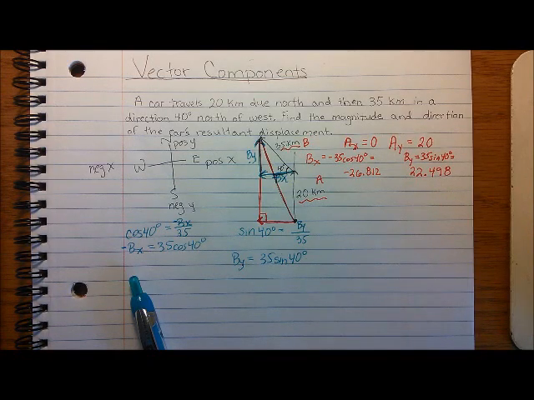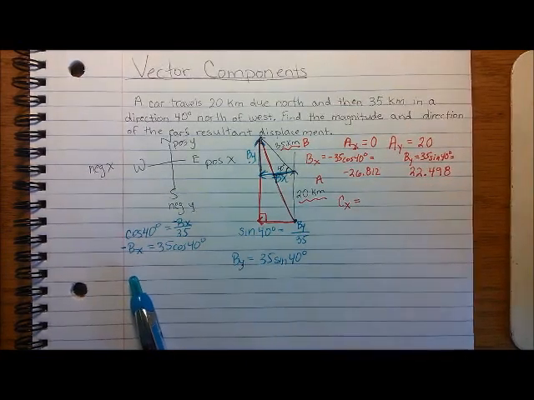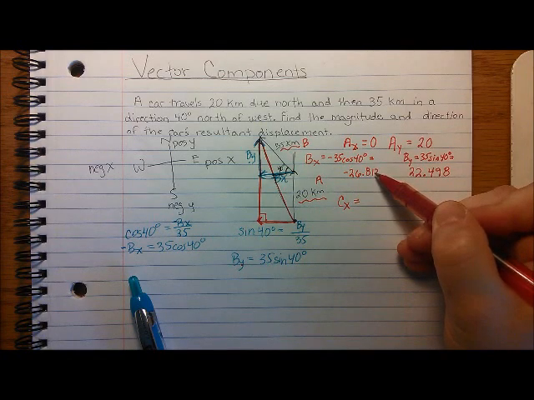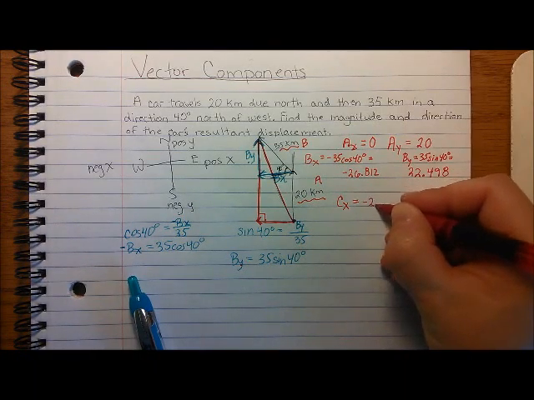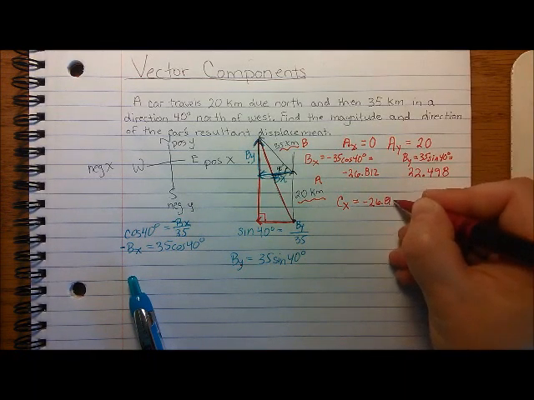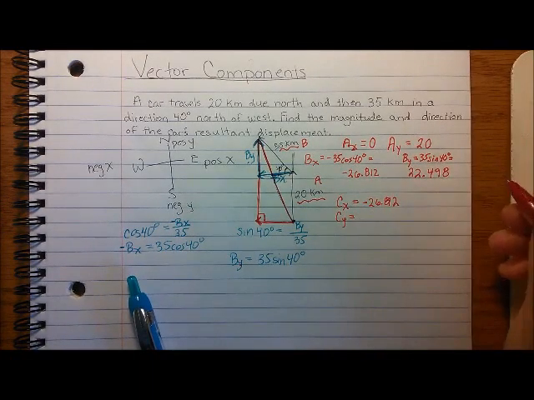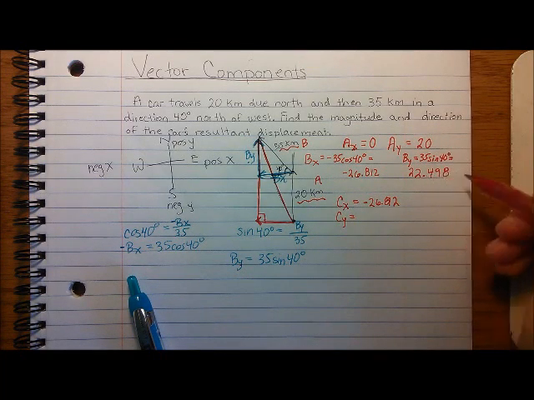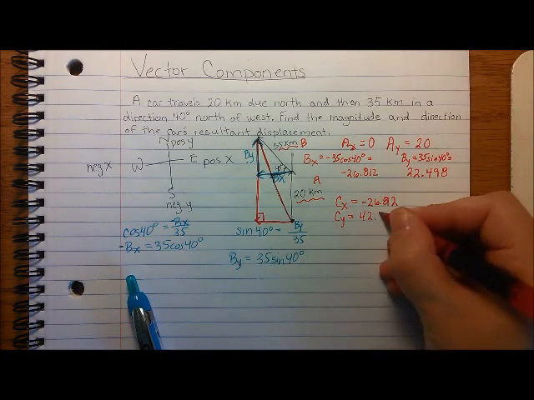Now when we add them together, I usually call that the next letter in the alphabet, which in this case is C. So the x component of C is going to be 0 plus negative 26.812. That's just how overall how far the car goes in the x direction. And then cy is going to be 20 plus 22.498, which is 42.498.